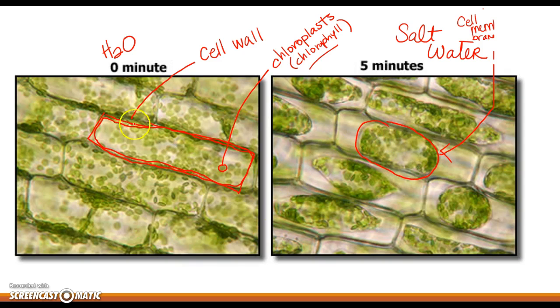So how did the cell get from this big to this big? You've got to imagine there's salt all around. And polar things do not get through the cell membrane very easily, okay? Remember, polar big things don't really go through there. So what's going to happen is water is going to escape. If you've ever eaten something really salty, you know that you get thirsty.